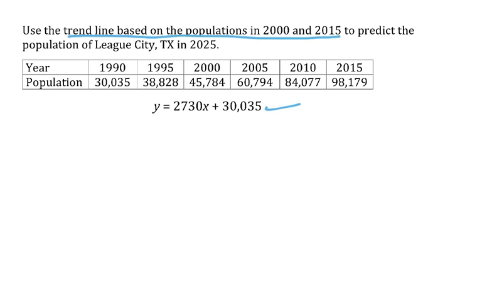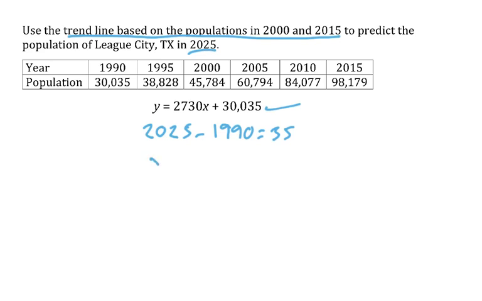Now, the temptation is going to be to plug in the number 2025 for x. But we remember that x is the number of years since 1990. So the year we need to plug in for x is whatever the difference is between 2025 and 1990. That's 35 years, 35 years from the beginning of this study.